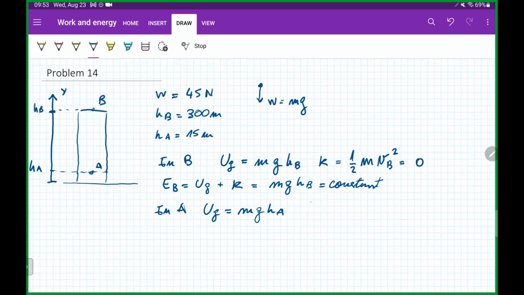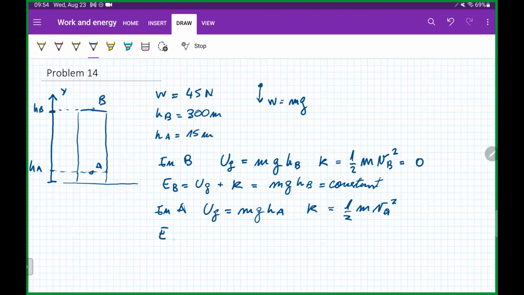And then we have K equal to 1/2 m v_A squared, right? And we know that that is not 0, because the object falling has accelerated going down due to gravity, and you get some final velocity there. So what we can do here is basically equalize.